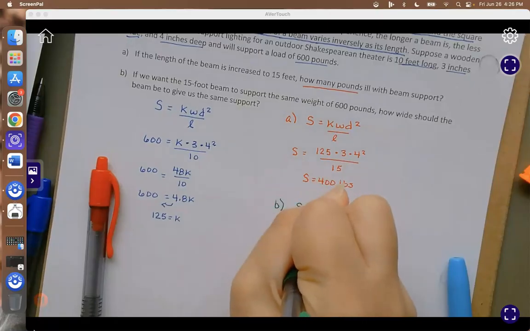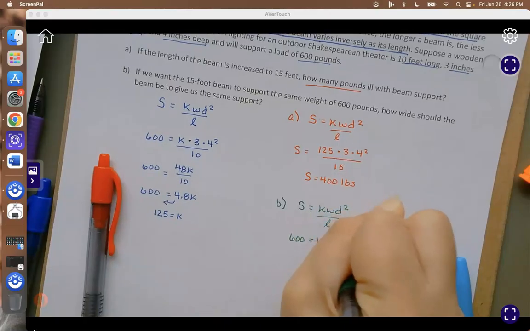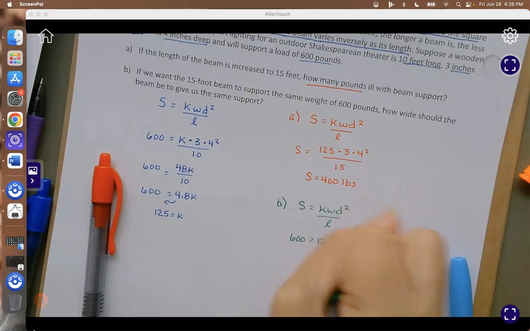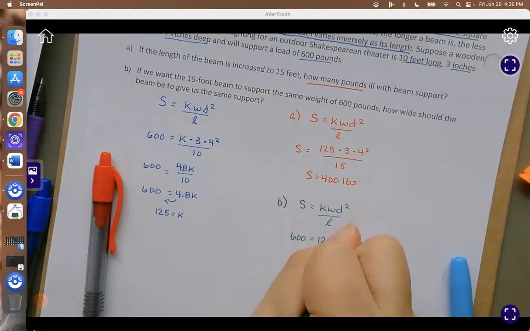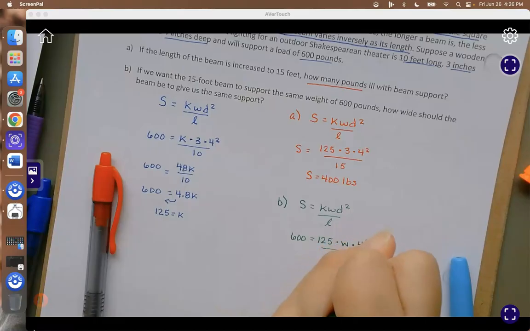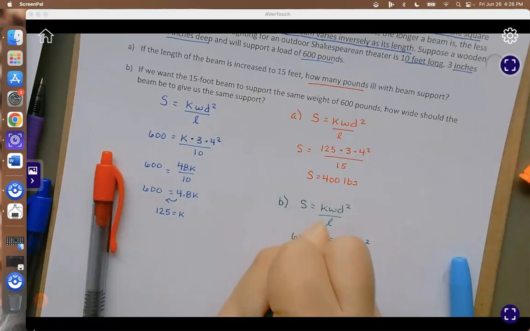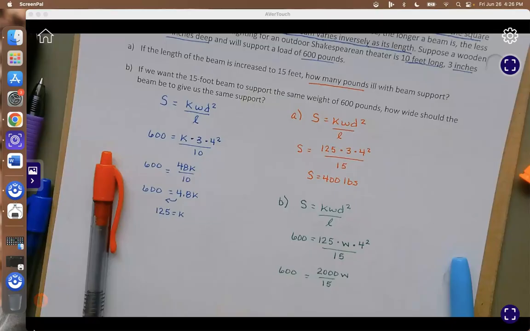So 600 equals the 125 times W times 4 squared over 15. 16 times 125 is 2,000. If I divide 2,000 by 15, let's see what we get. Maybe I shouldn't do it that way.